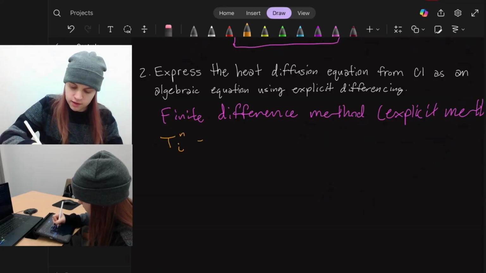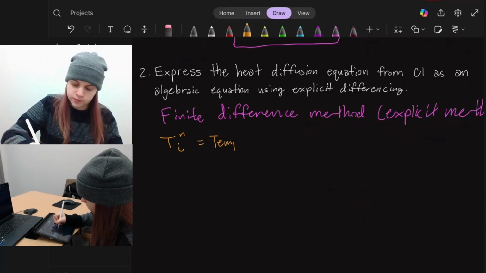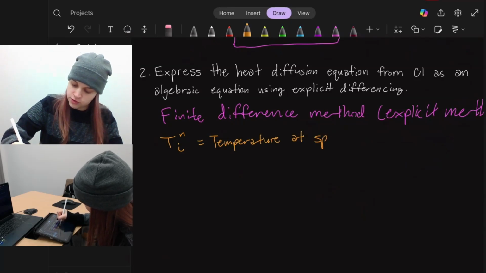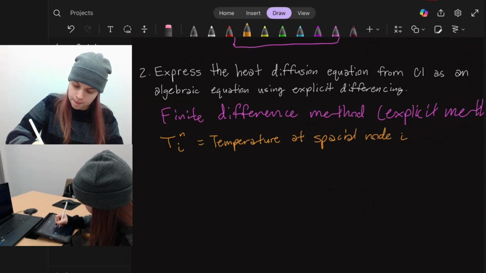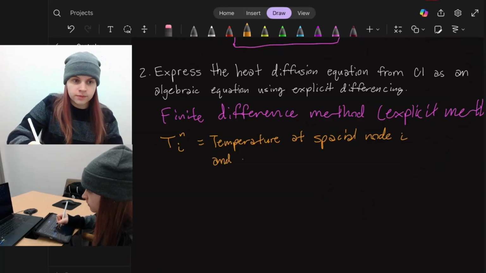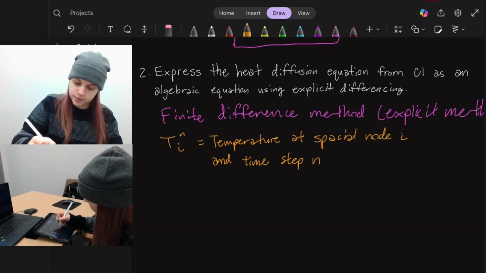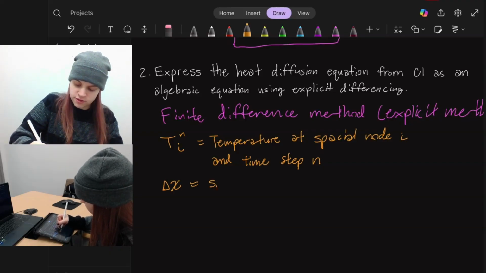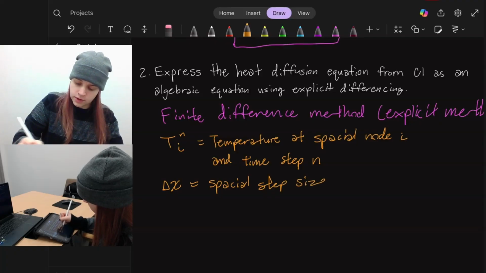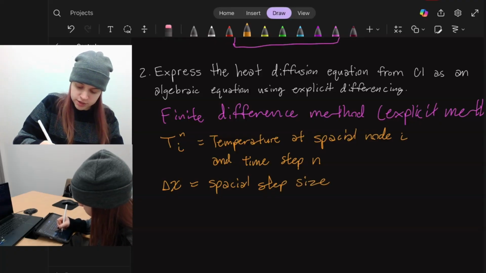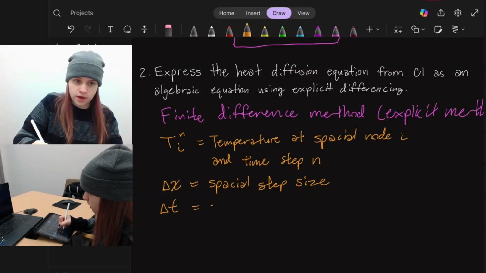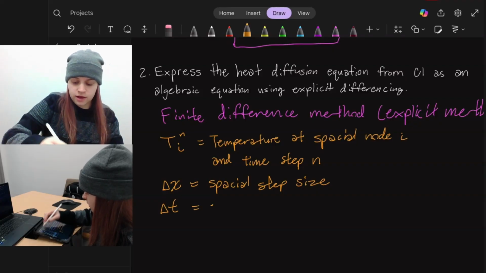This is the temperature at spatial node i and time step n. Delta x is the spatial step size, and delta t is the time step size.